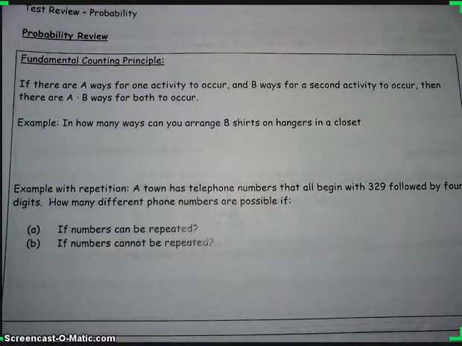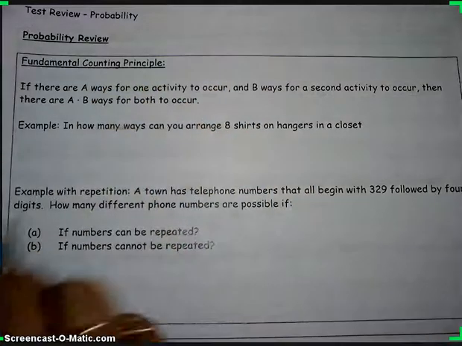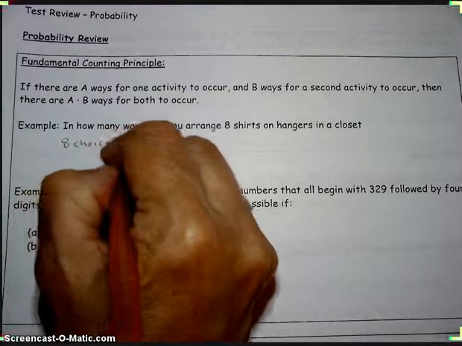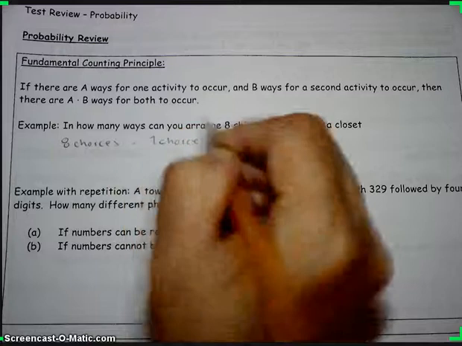So the first example I'm looking at here is, in how many ways can you arrange 8 shirts on hangers in a closet? For the first hanger, you have 8 choices, and then you have 7 choices, and so on, all the way down.